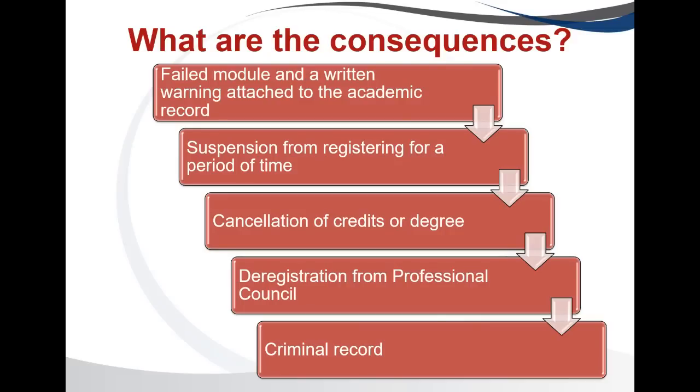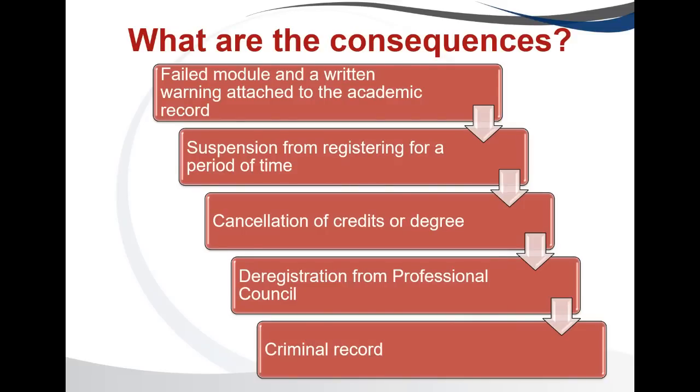For very serious offences, the university might decide to cancel all of the credits that you have accumulated for your degree, or if you have been awarded a degree, they might revoke your degree. Some degrees are linked to professional councils, and these professional councils have their own ethics code too.